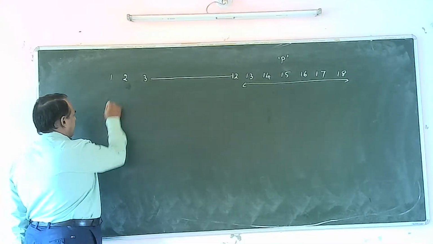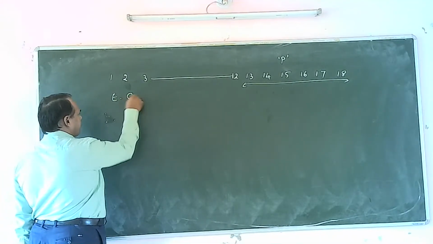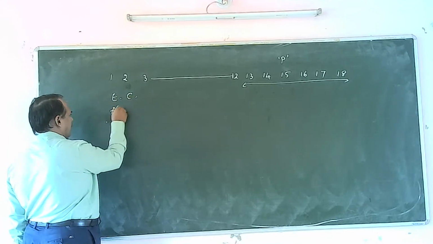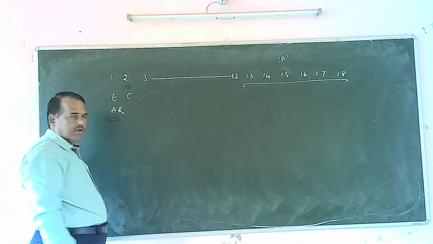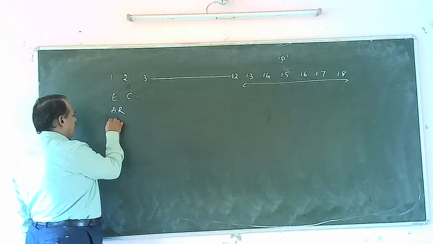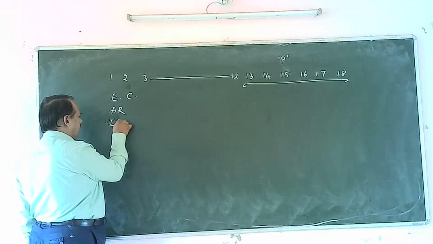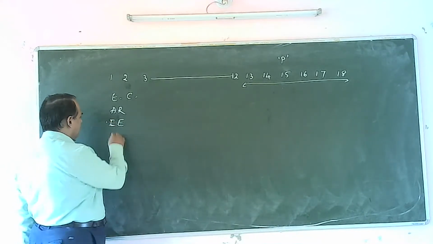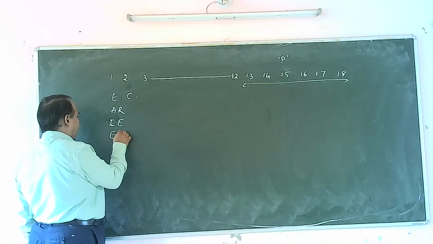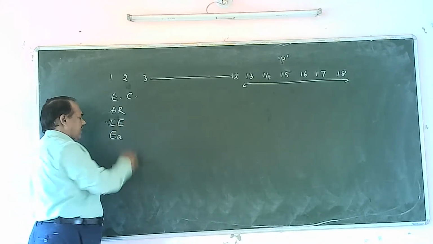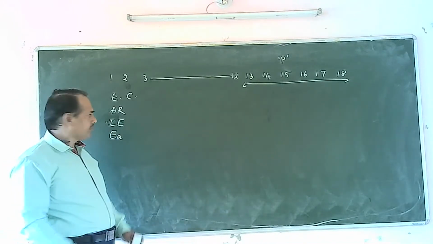Electronic configuration, atomic and ionic radius, ionization enthalpy, and electron affinity or electron gain enthalpy.